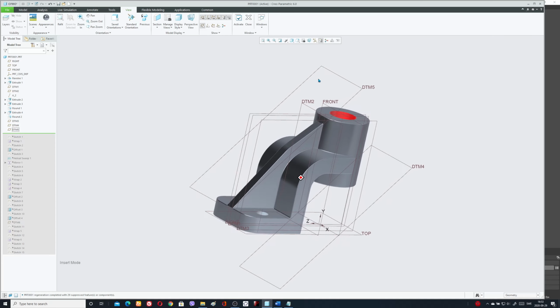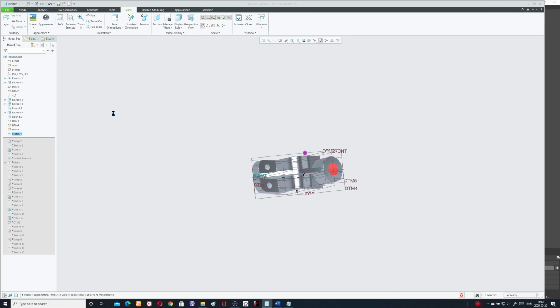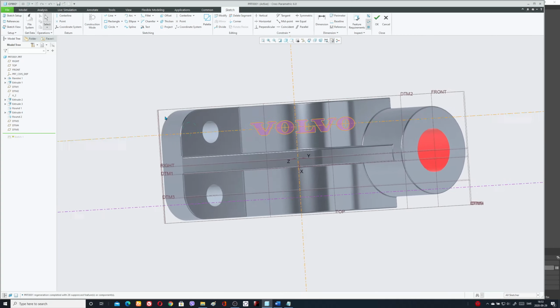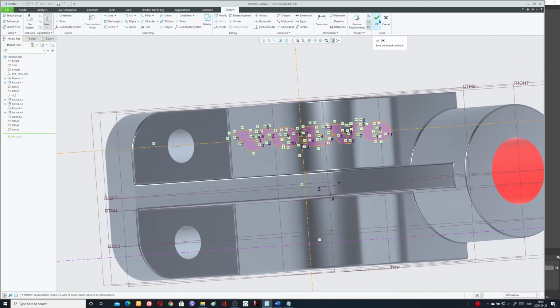So now is the time to put in the text Volvo. Let me see how it looks. This is the beautiful text Volvo. Okay, we go out now.